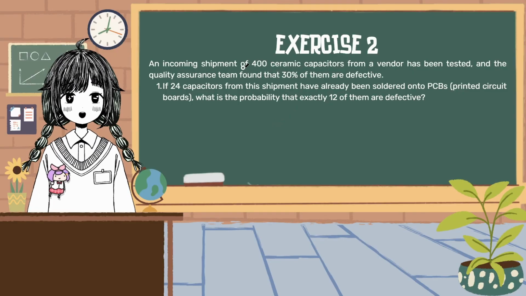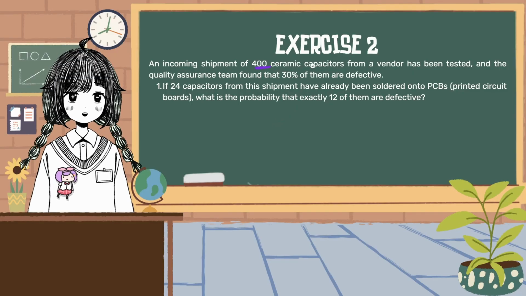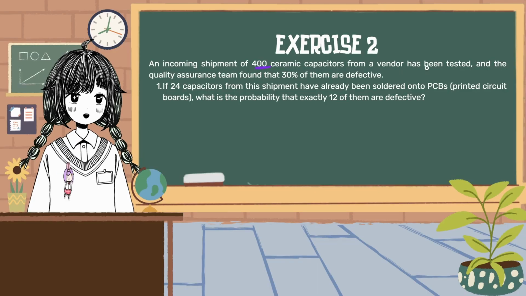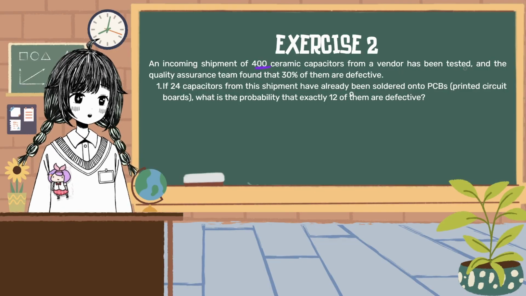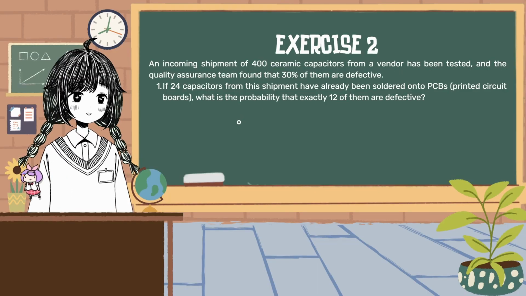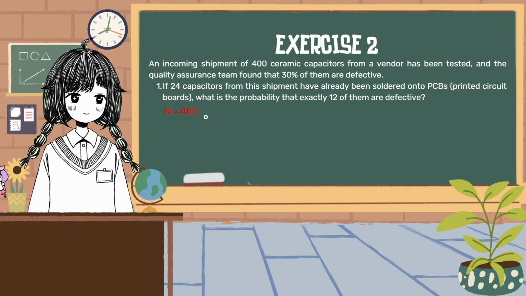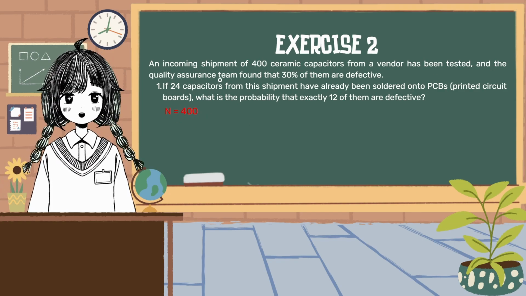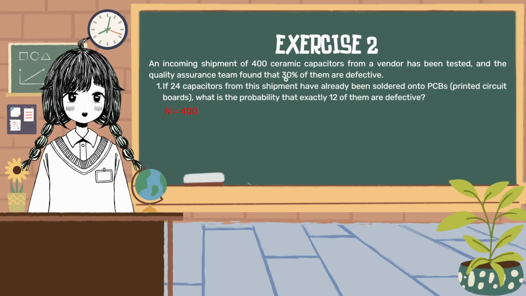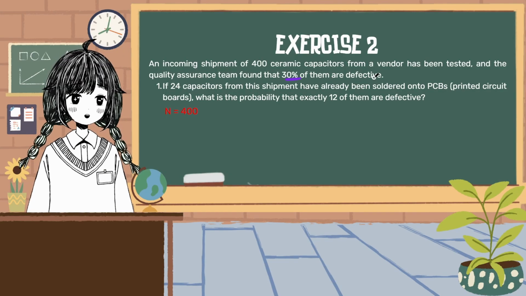So, an incoming shipment of 400 ceramic capacitors from a vendor has been tested. So, obviously, here it means capital N is equal to 400. And the quality assurance team found that 30% of them are defective.